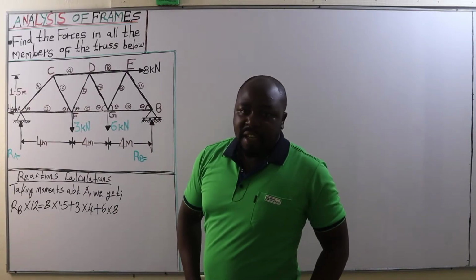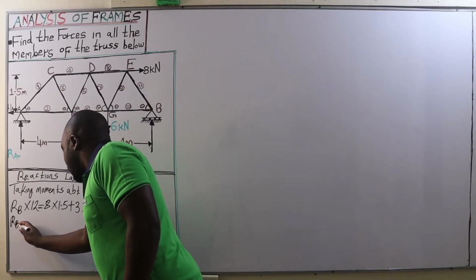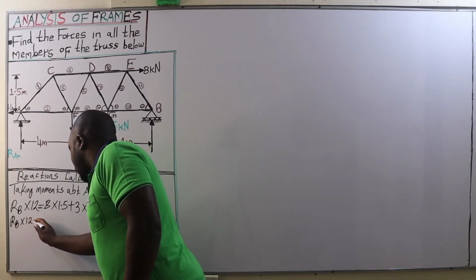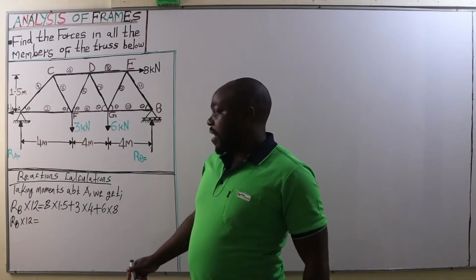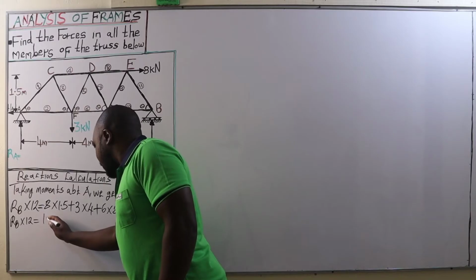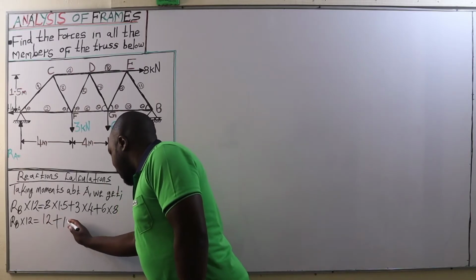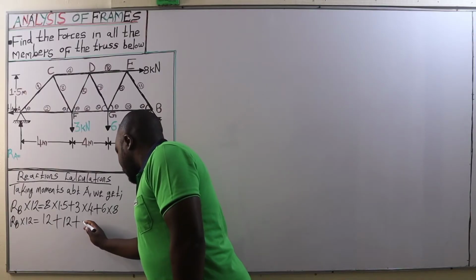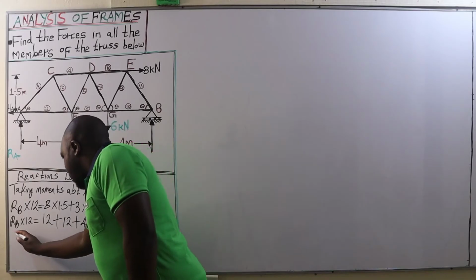So RB times 12 is equal to 8 times 1.5, that is 12, plus 3 times 4, that is 12, plus 6 times 8, that is 48.